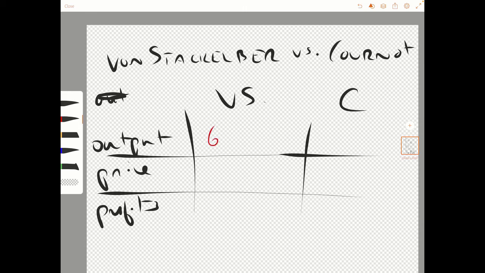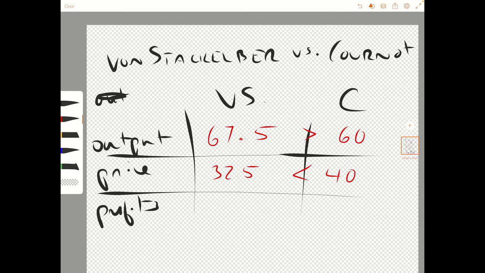The output in Von Stackelberg was 67.5 as compared to Cournot, which was only 60. So output is bigger. That's good. Price for the Von Stackelberg was 32.5 as compared to 40. So price is lower. So that's good.